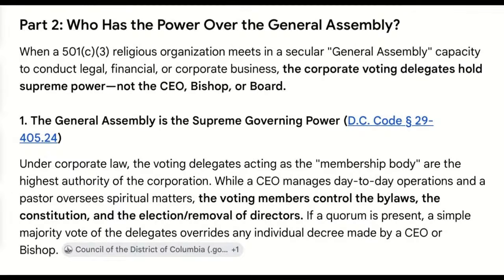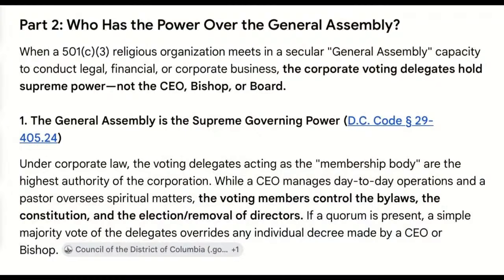Right? Corporate law. So whenever a quorum is present, a simple majority vote of the delegates overrides any individual decree made by a CEO or bishop. As long as a quorum is present, it does not matter. A simple vote.